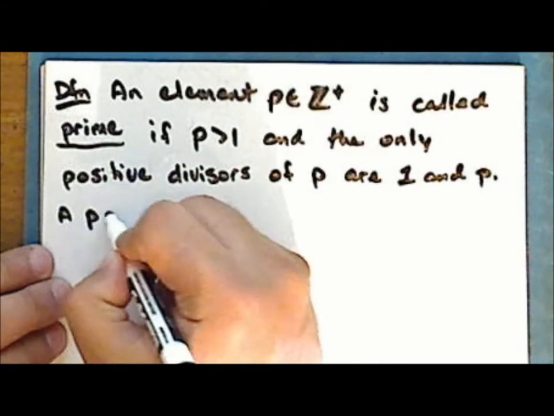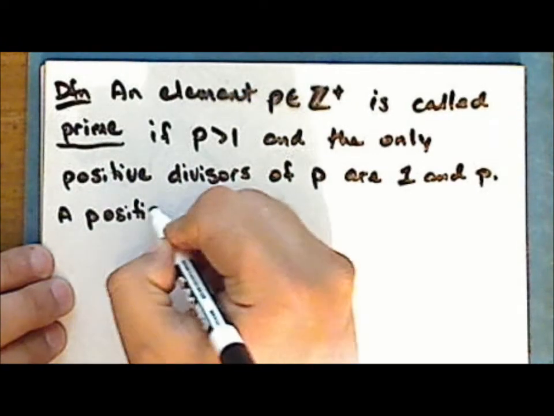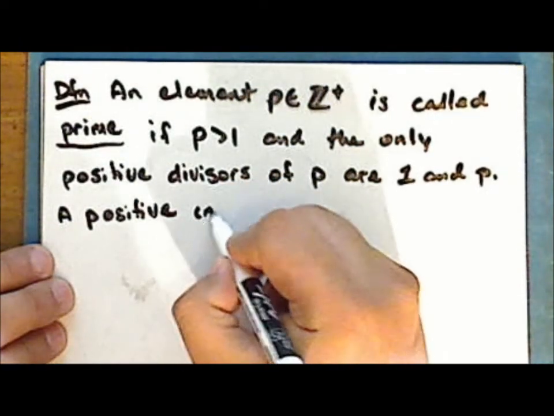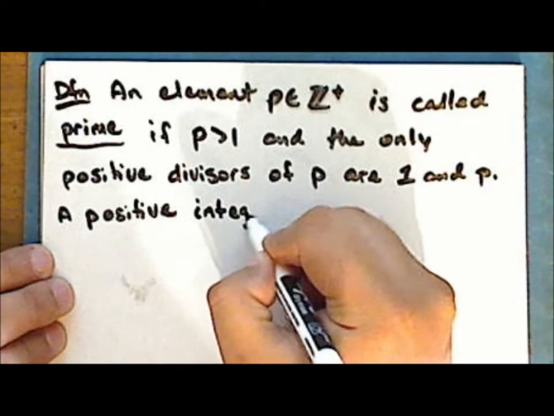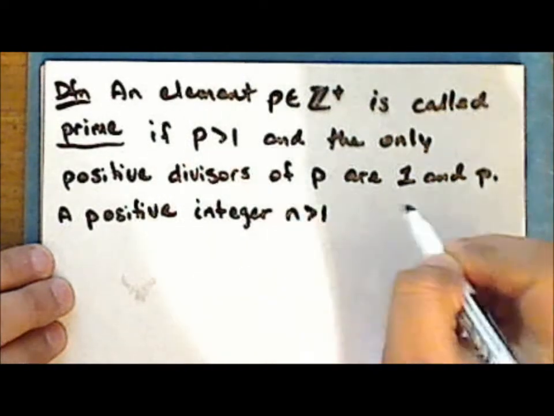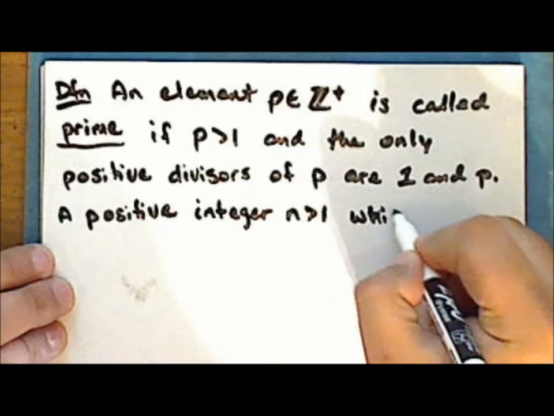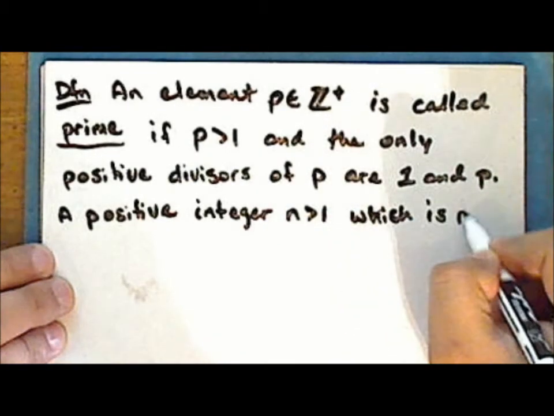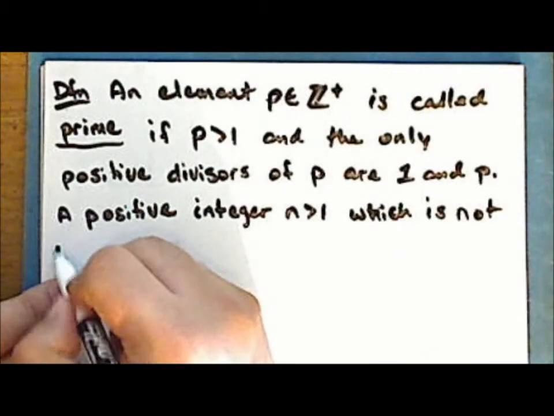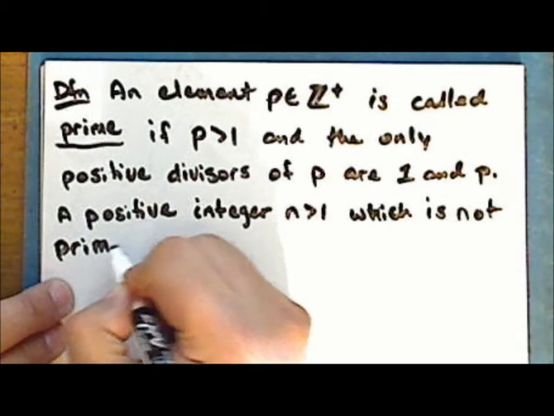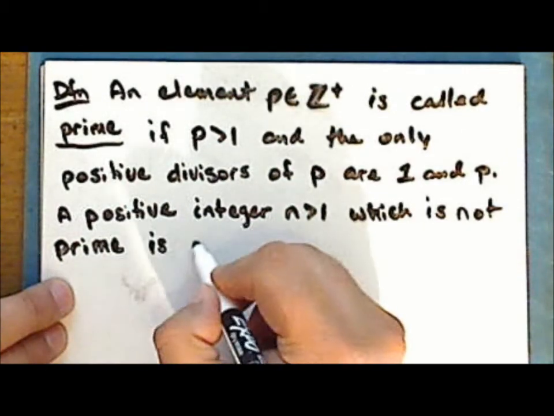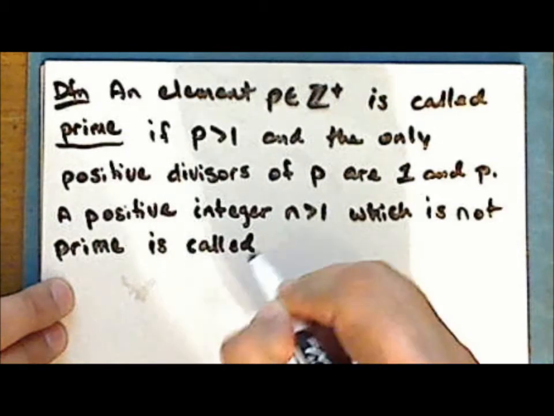A positive integer n greater than 1, which is not prime, is called composite.